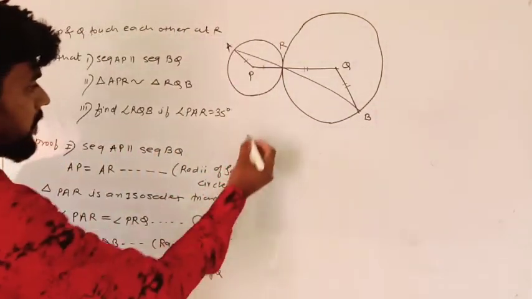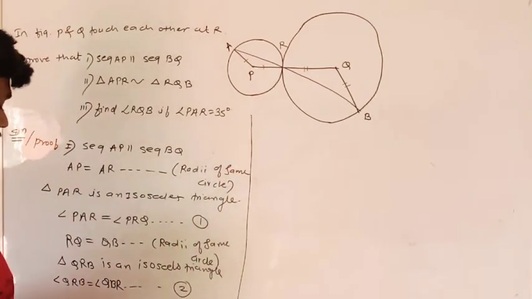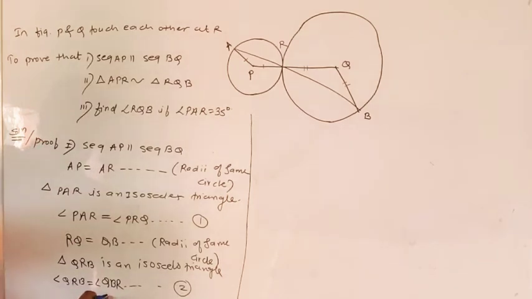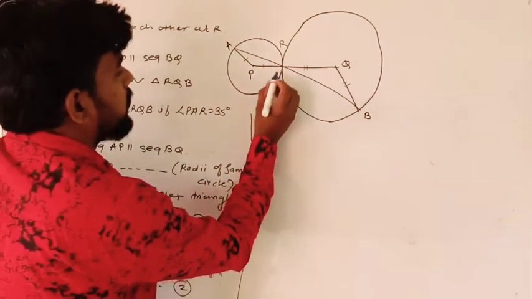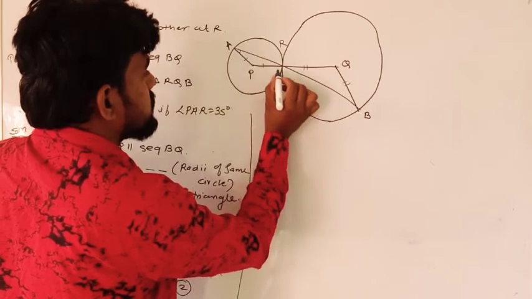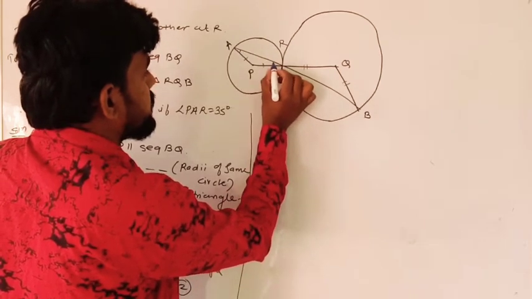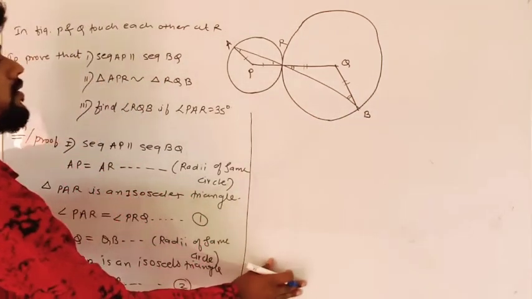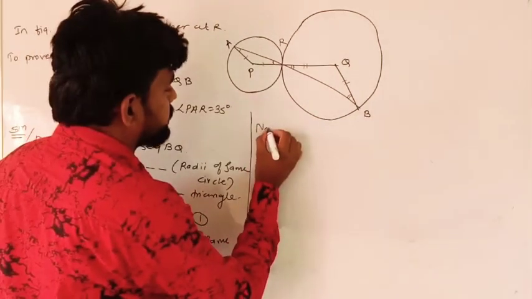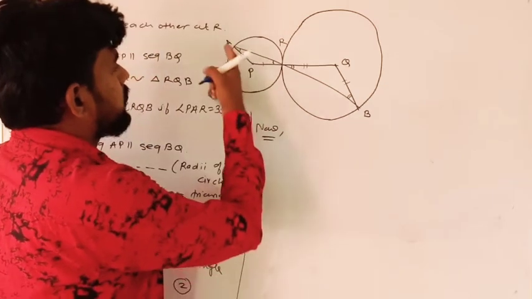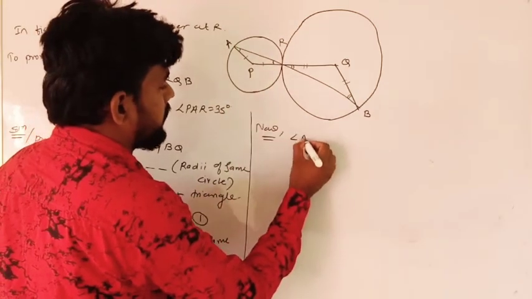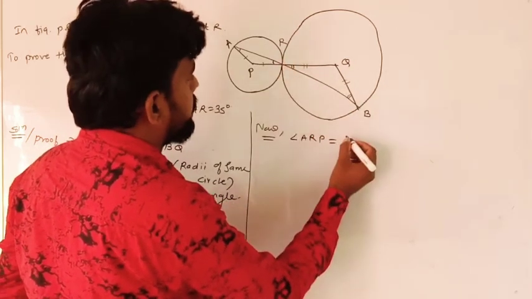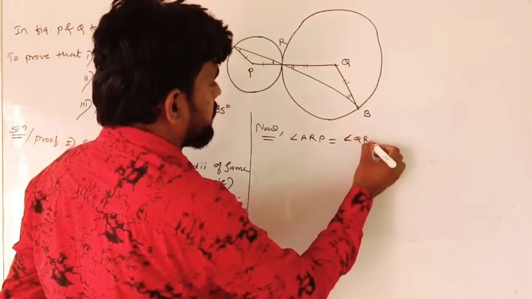Now next step, we have to write here angle QRB is equal to angle QBR. Now this will be equal to this, and this will be equal to this. Now angle ARP is equal to angle QRB.